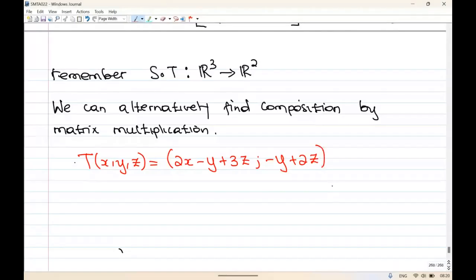Do you still remember this? So I want us to apply the transformation on the basis.